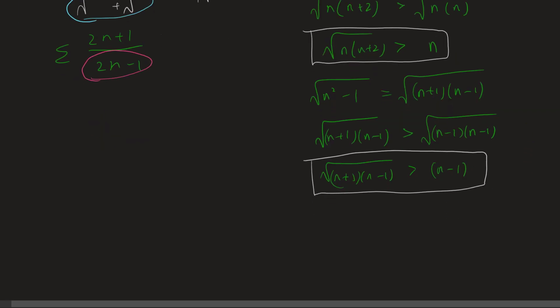If that's the case, root of n times n plus 2 plus this must be greater than this plus this, right? What's on the right hand side? It is 2n minus 1.